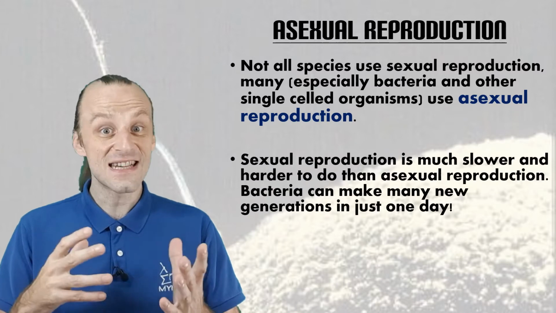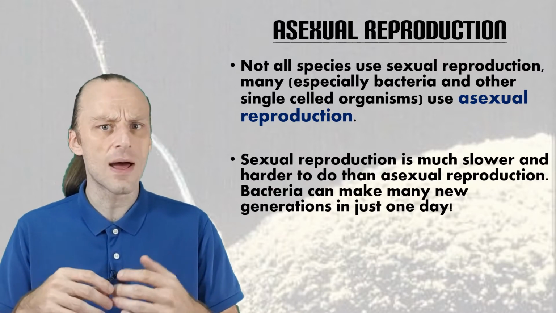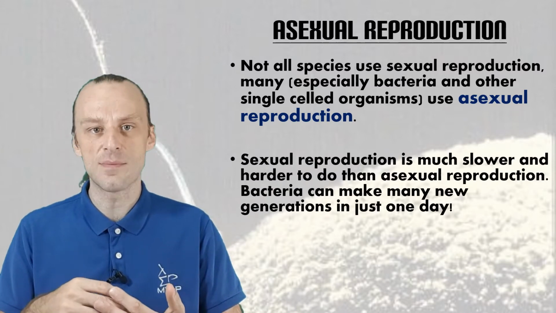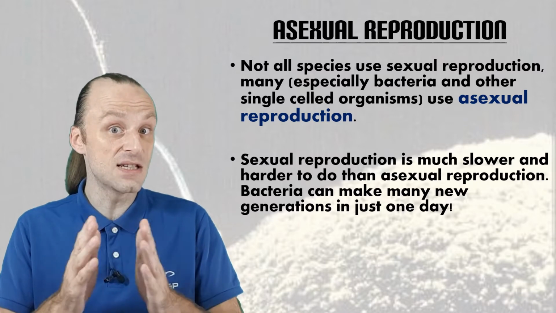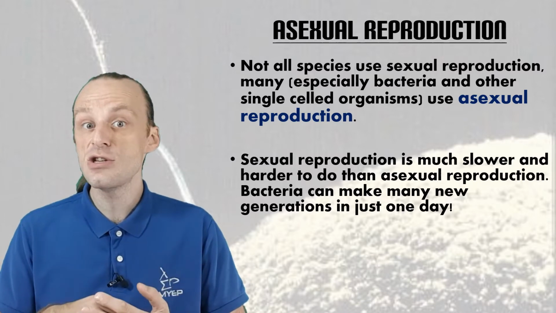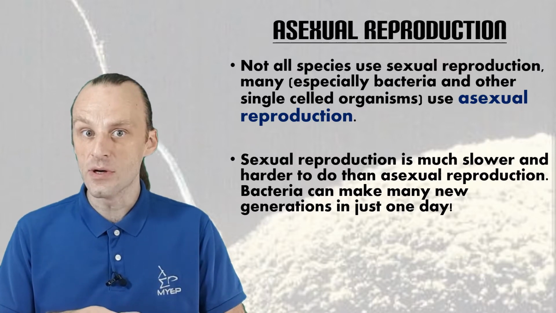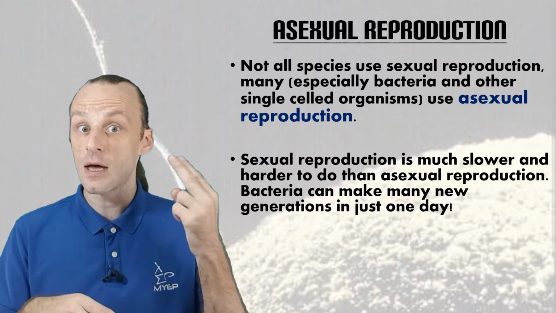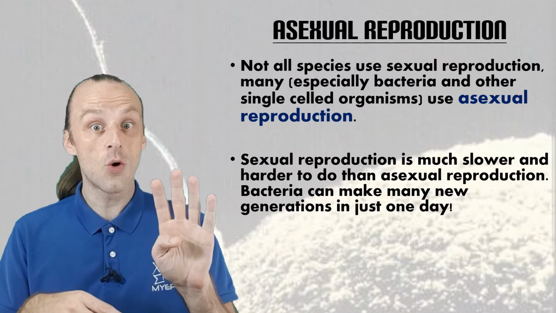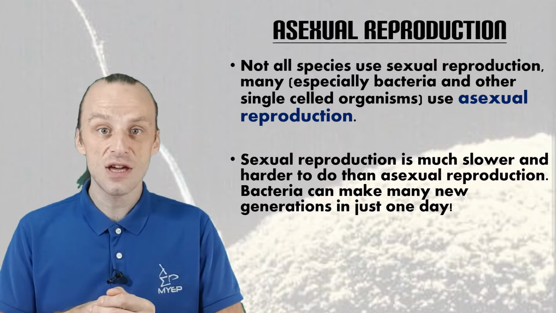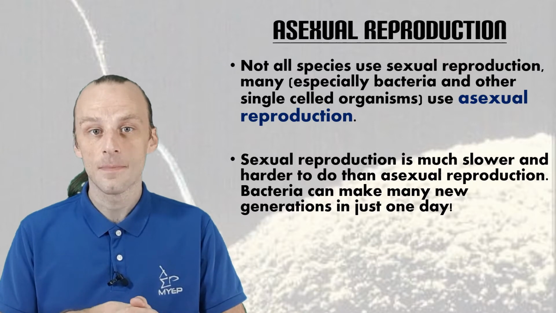Sexual reproduction is actually much harder to do and slower than asexual reproduction. A bacteria can divide and create many new generations in just one day or even a few hours. One bacteria can become two, two can become 4, 8, 16, 32 and so on.